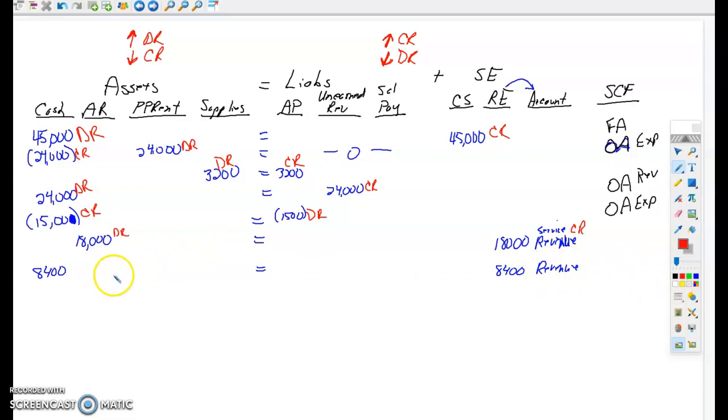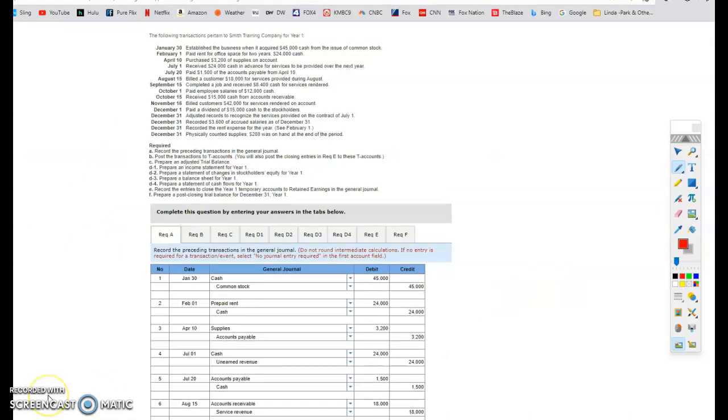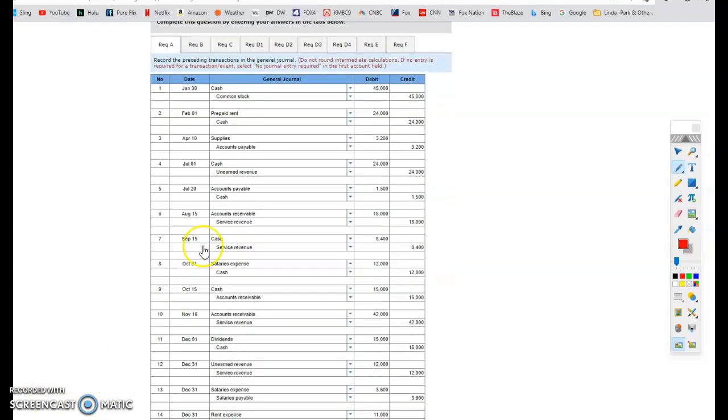Okay, so this side equals that side. Assign debits and credits. This side goes up with the debit. This side goes up with a credit. I'm going to debit cash, credit revenue, and let's take a look at what the solution looks like. So here we go, debit cash, credit revenue, $8,400.